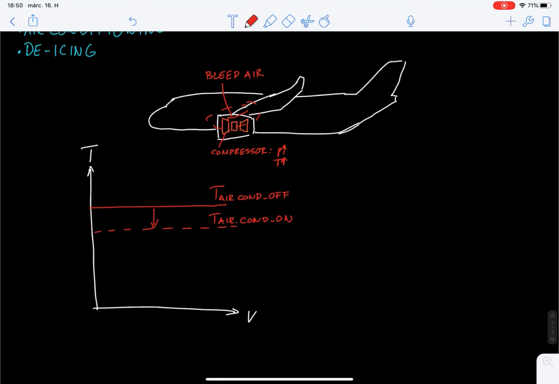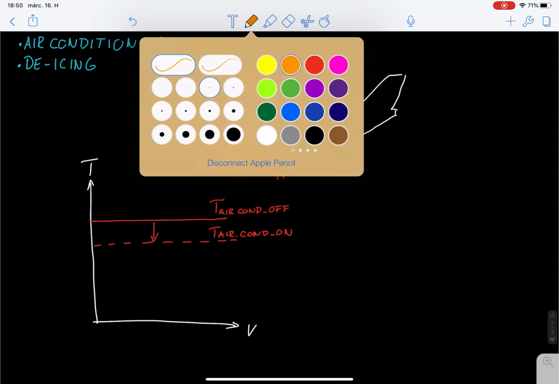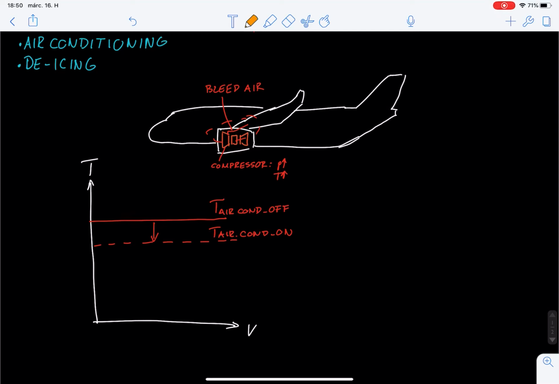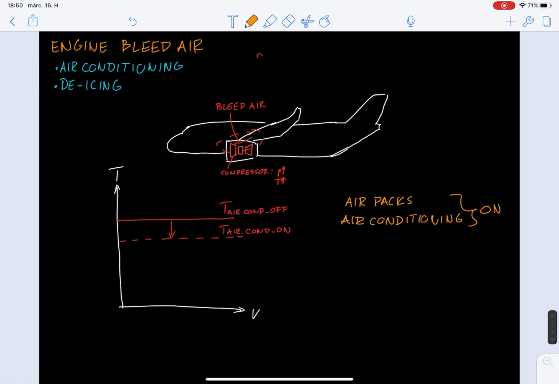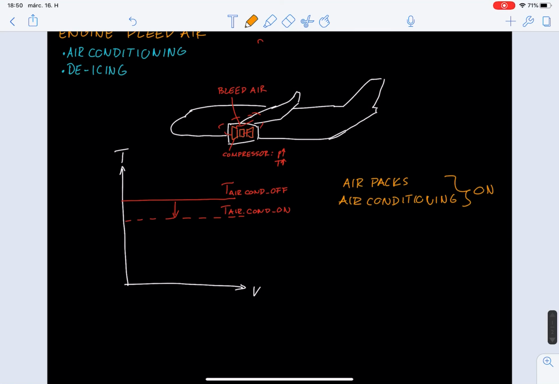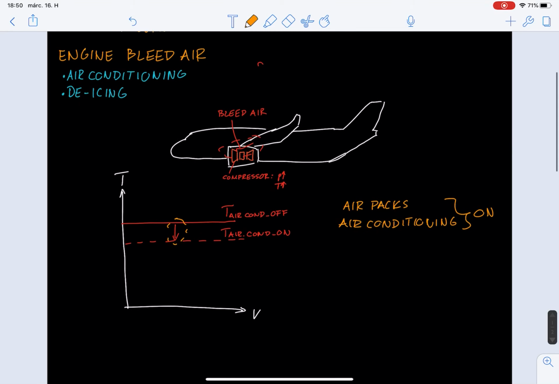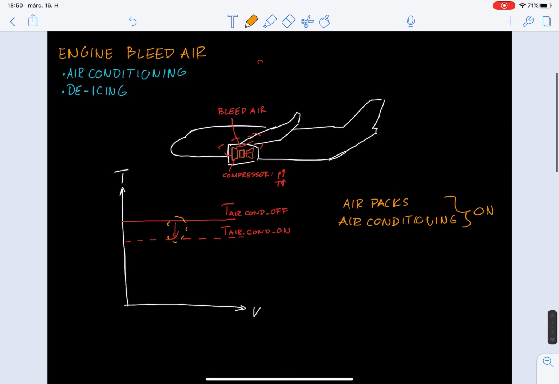A way this is also phrased, usually later on in the Class A diagrams, is by saying that the air packs or air conditioning is turned on. So you will have to know by default that when the air packs and the air conditioning are on, that will reduce the thrust which is available to the aircraft. And that's what you have to remember.